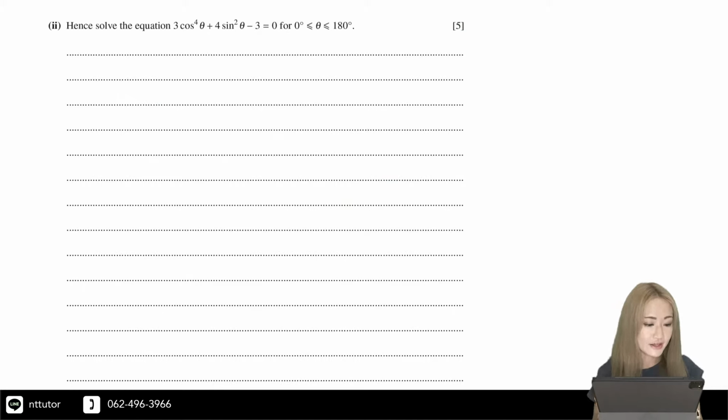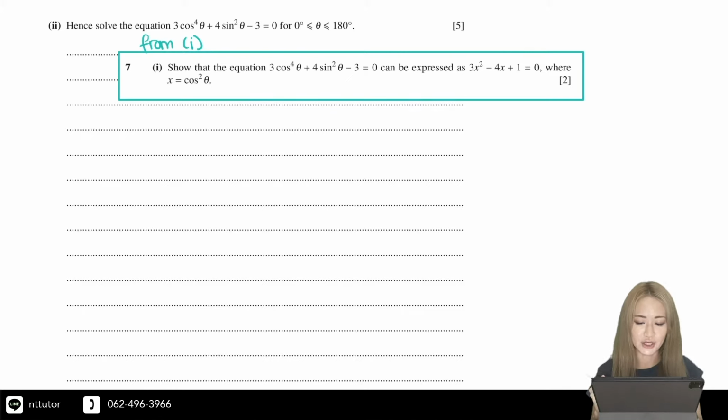Part 2. Hence, solve the equation 3 cos to the power of 4 theta plus 4 sine to the power of 2 theta minus 3 equals 0 for theta from 0 to 180 degrees. So this is part 2 of the question, and the first part asks you to prove an identity. It asks you to rewrite that expression as 3x squared minus 4x plus 1 equals 0.